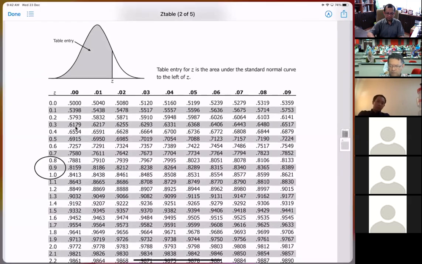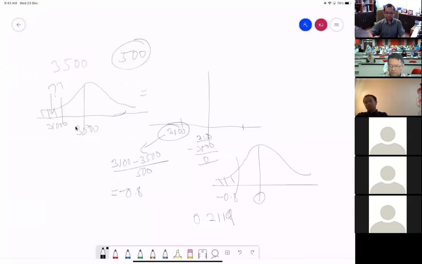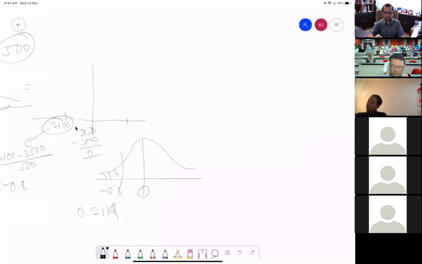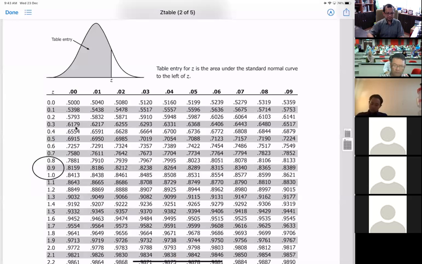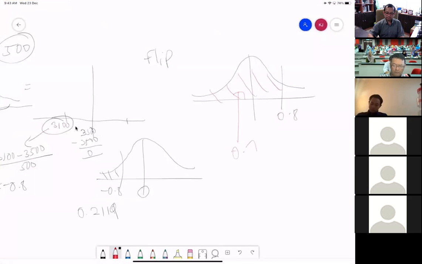We flip like we did before. The area for 0.8 is 0.7881, so the area here is 1 minus 0.7881. The answer is the same.